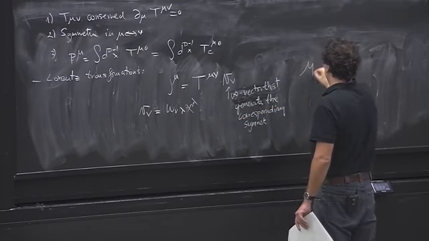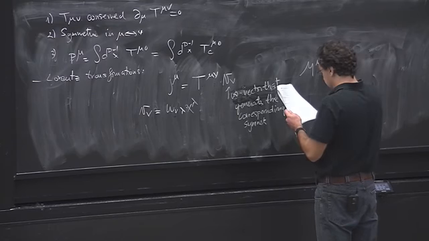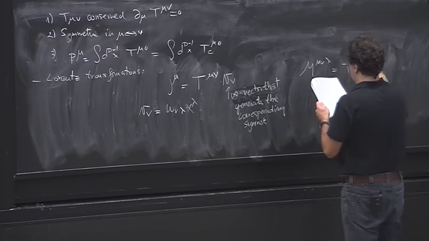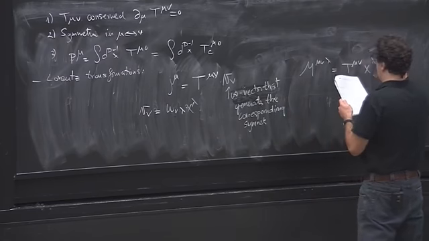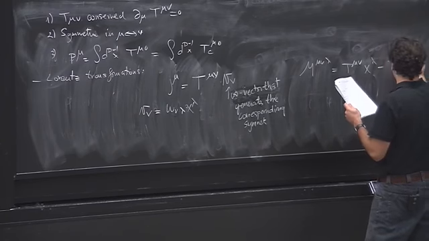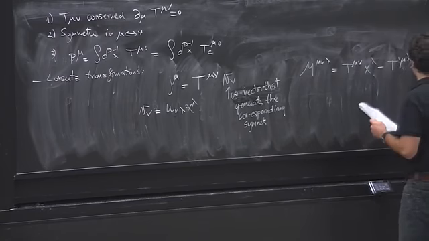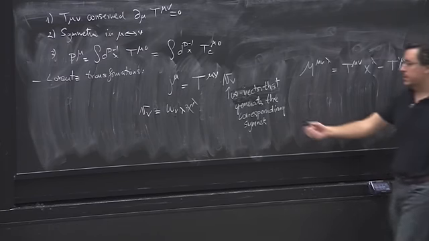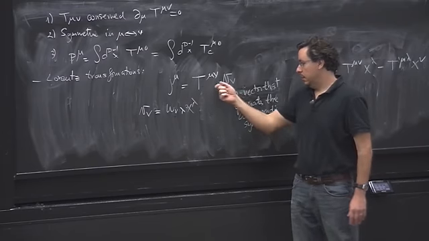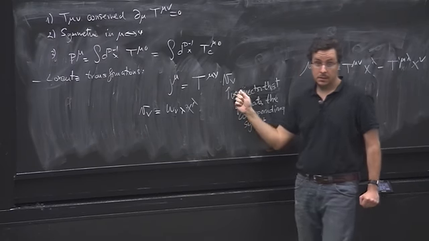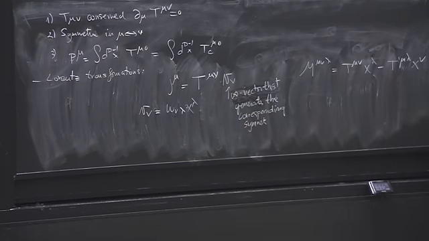But the physical way to think about it is that you couple the stress tensor to the infinitesimal vector field, and the parameter of the transformation is hiding in the vector field.